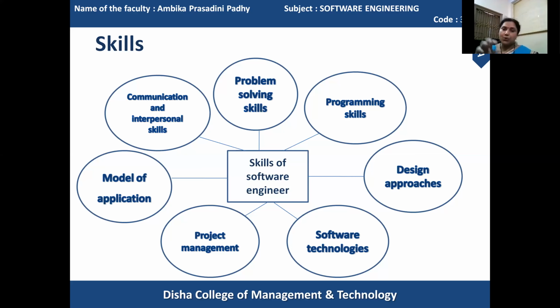He should have programming skills, which covers how well the coder is coding for a particular system. He should have good knowledge of data structures and algorithms, be expert in one or more programming languages, and have strong programming capabilities for writing reusable and efficient code.